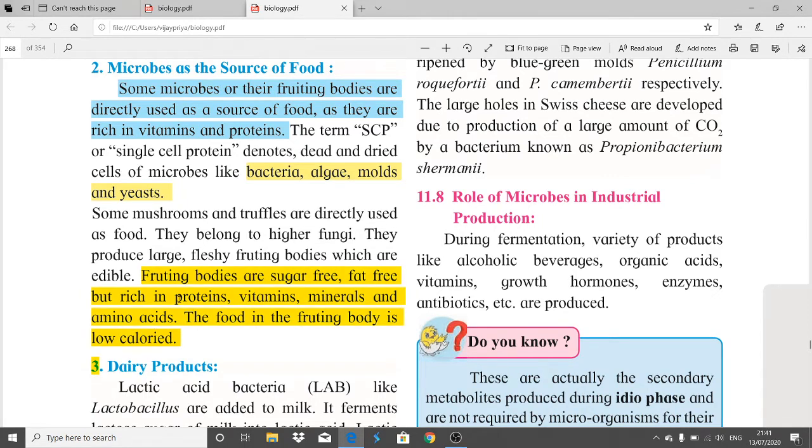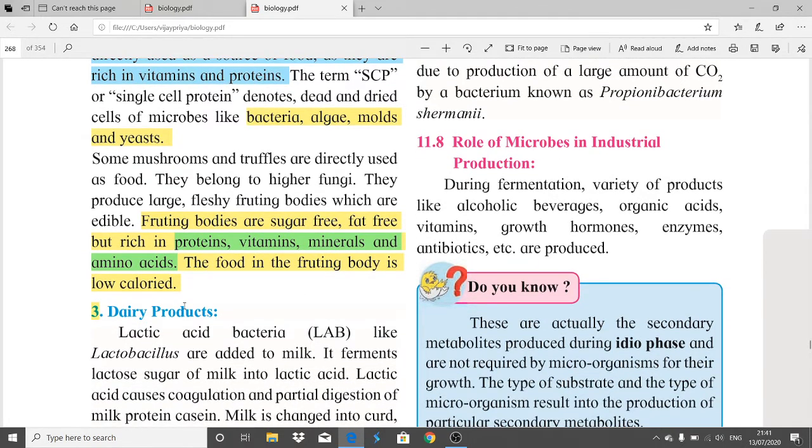Now you can understand the importance of these proteins, vitamins, minerals and amino acids in our body. That's why mushrooms are very famous. The food in the fruiting body is low calorie, and that's why again it is used as food.